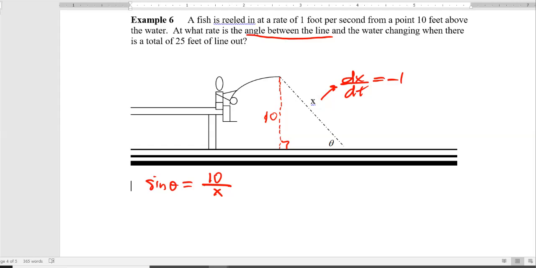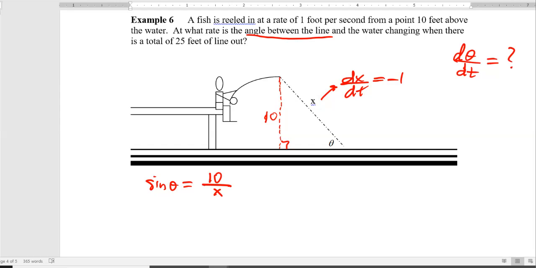So here we have an implicitly defined function for theta. And to get what we want, the rate at which the angle, we're interested in d theta/dt. That's what we want. We can get that indirectly here if we just start differentiating.